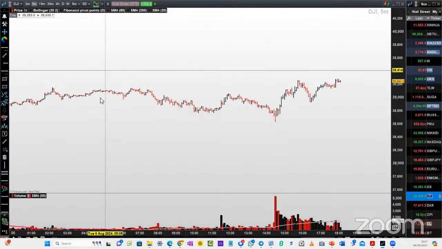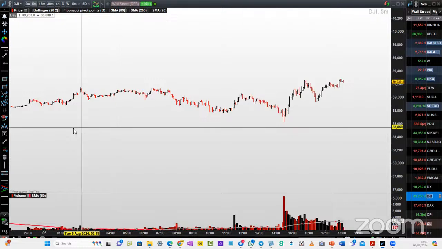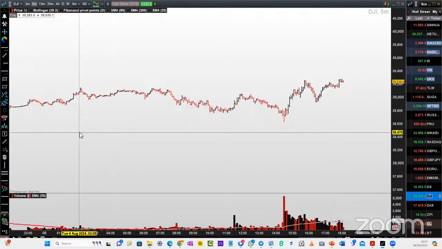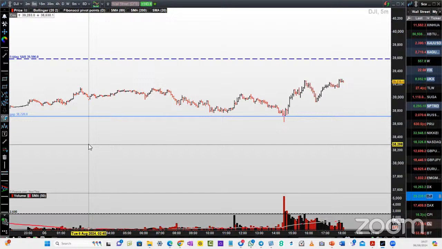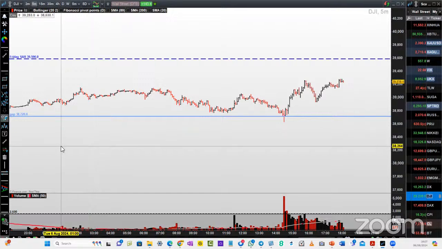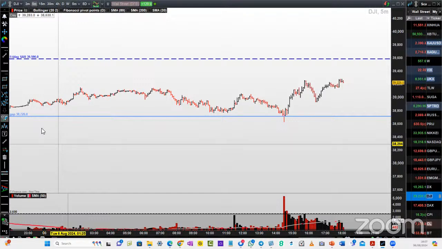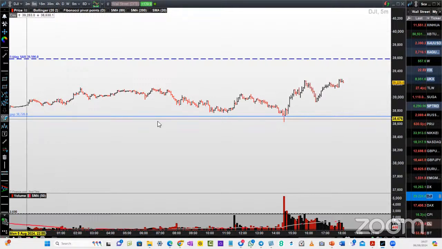What I'm about to show you is a key couple of lines in this chart which really dominate my trading. And here they are. The light blue line is the close from the previous day's cash market, so 9 in the evening for Brits and 4 in the afternoon for New Yorkers. At 4 o'clock New York, this market closed yesterday at 38,720.